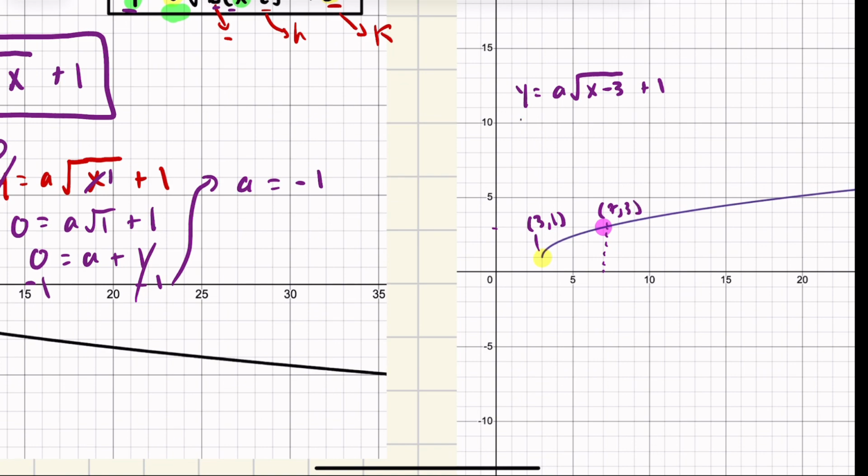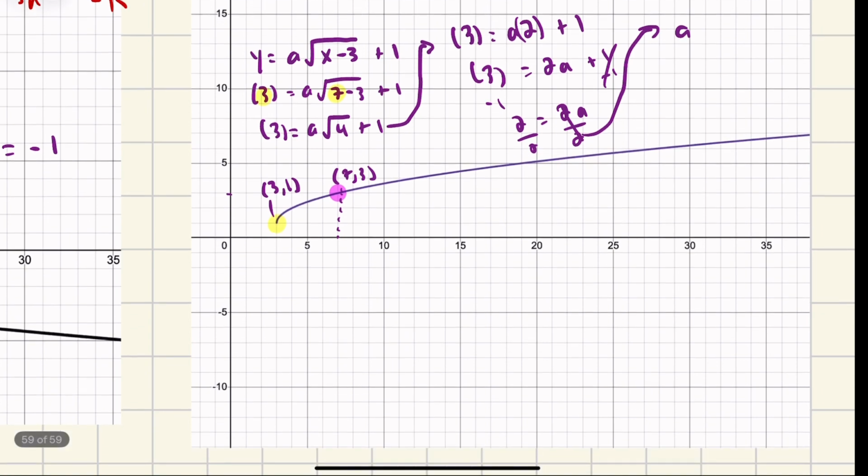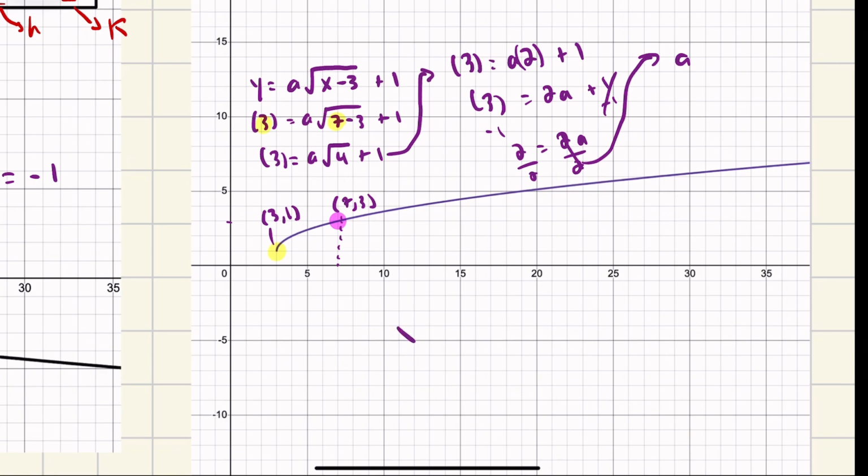And so we'll plug it in as follows, and we're going to isolate for A. And so that means that the A value is 1. And so our equation here, when we plug it all in, with the A value, the C, and the D is going to be y equals 1, which you could just leave as such, and then it's going to be root x minus 3 plus 1.